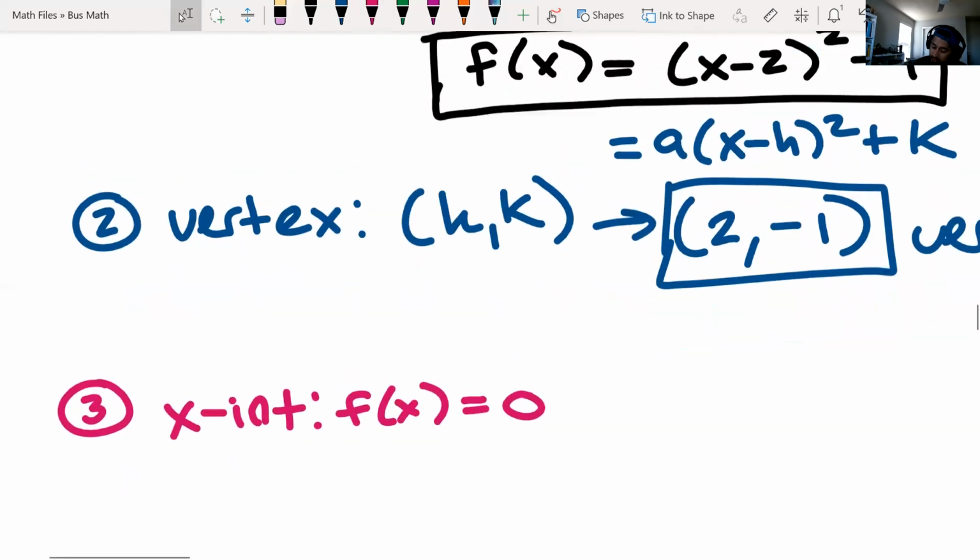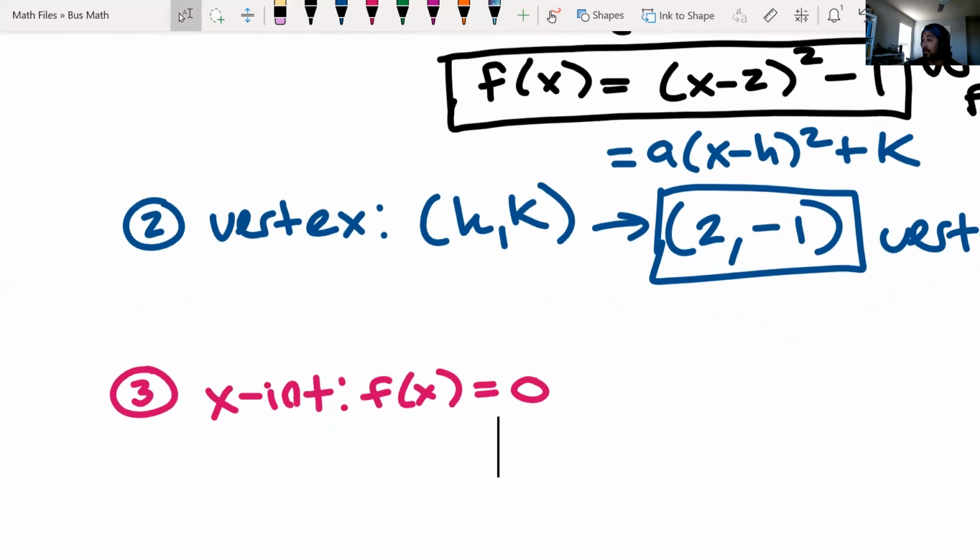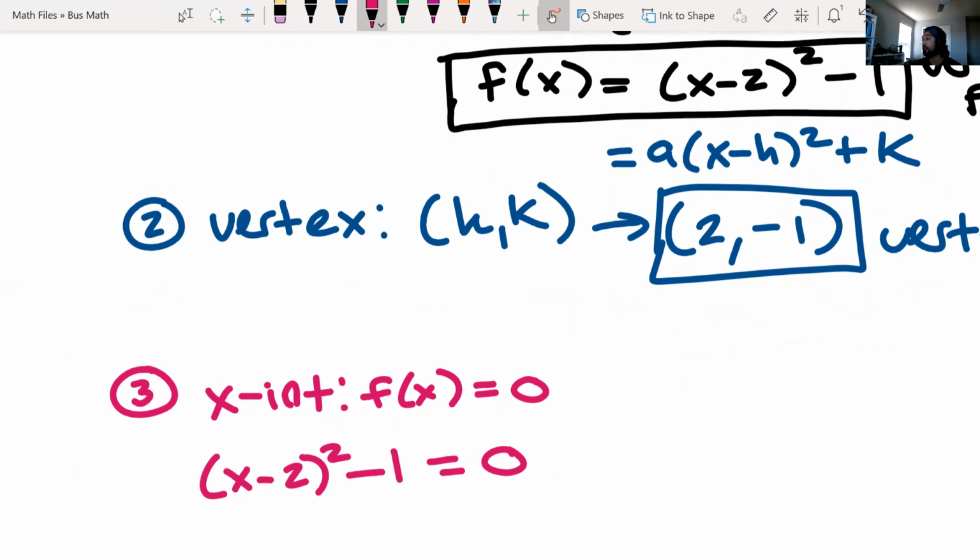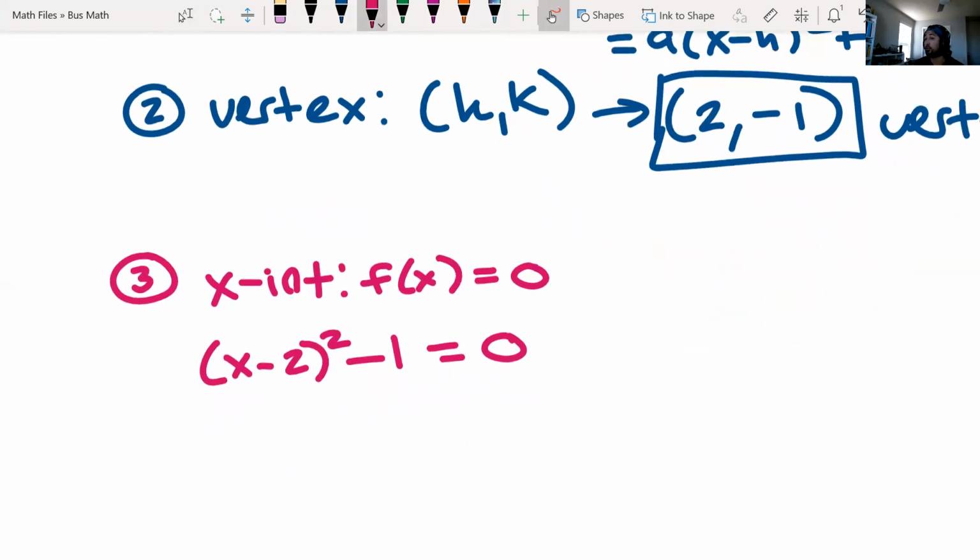So what we're going to do here is take the vertex form that I have above, x minus 2 squared minus 1, and we're going to set it equal to 0. And we're going to solve for x. So I'm going to add that 1 over.